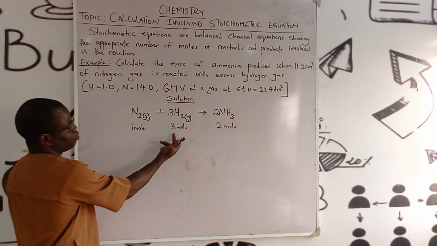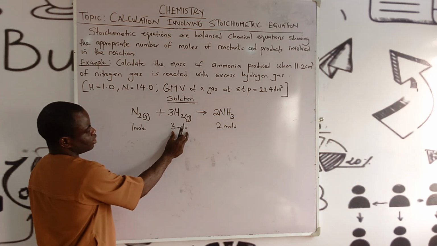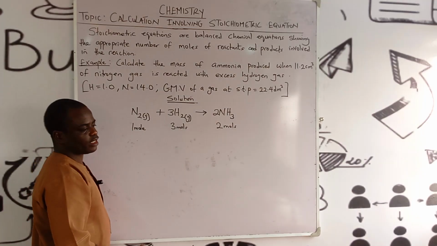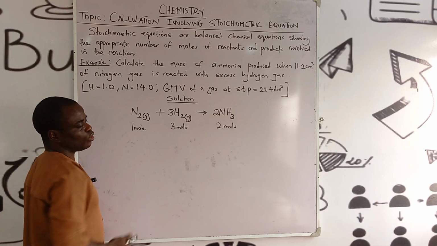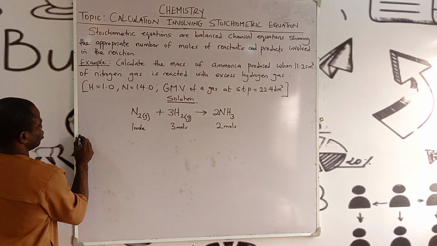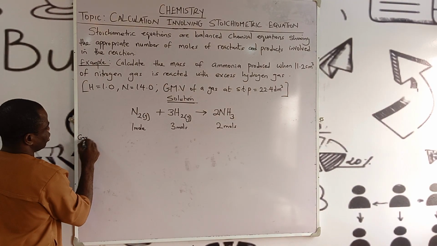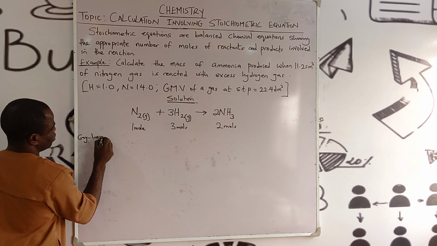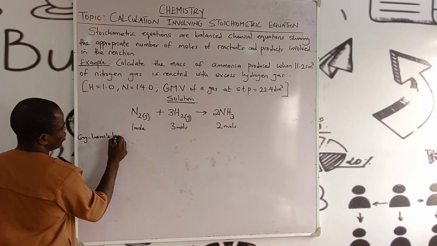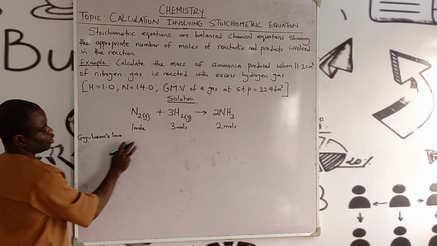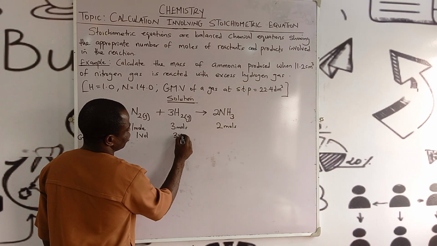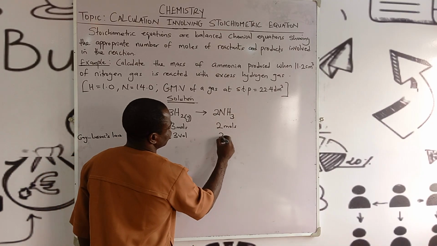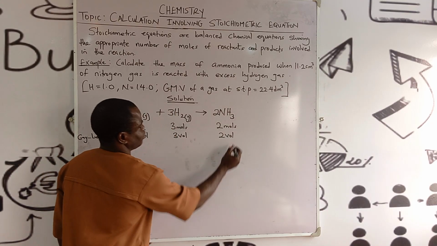Based on the moles, you can see that hydrogen is now in excess. We are looking at it: 3 is greater than 2 and greater than 1. Now let's go to Gay-Lussac's law of combining volumes. You have 1 mole, that's 1 volume, 3 moles, 3 volumes, 2 moles, 2 volumes.